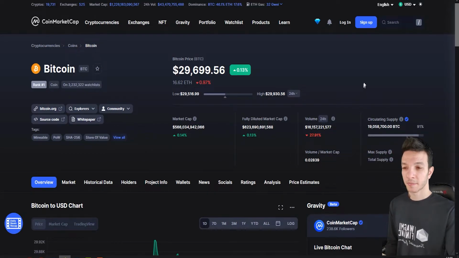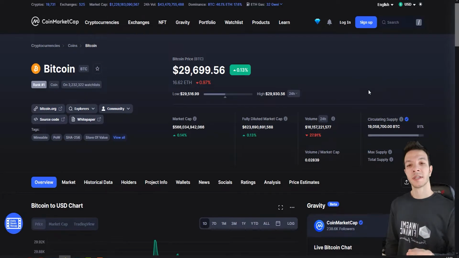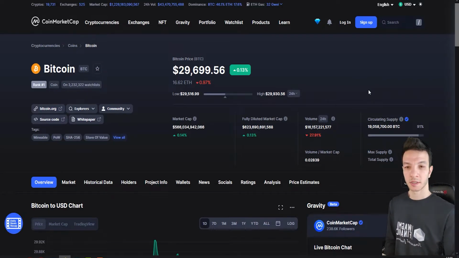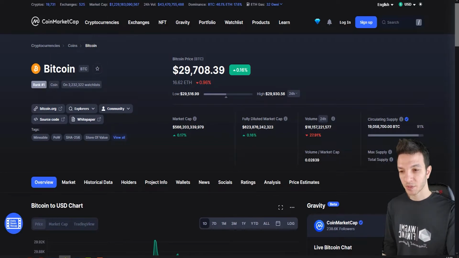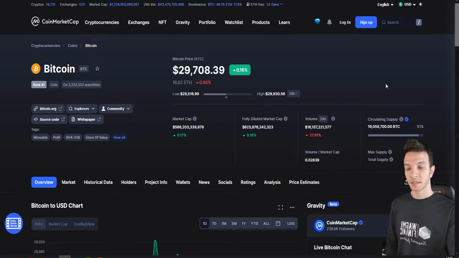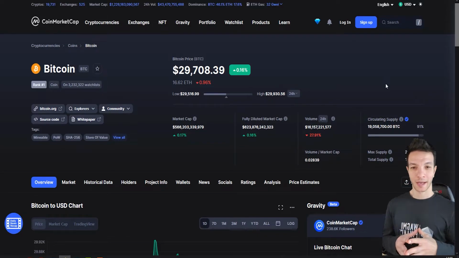What circulating supply means is how many Bitcoins are available in the market. And we have the total supply, which means how many Bitcoins of the circulating supply are sold. And we have the maximum supply, which means how many Bitcoin can ever exist in the world.